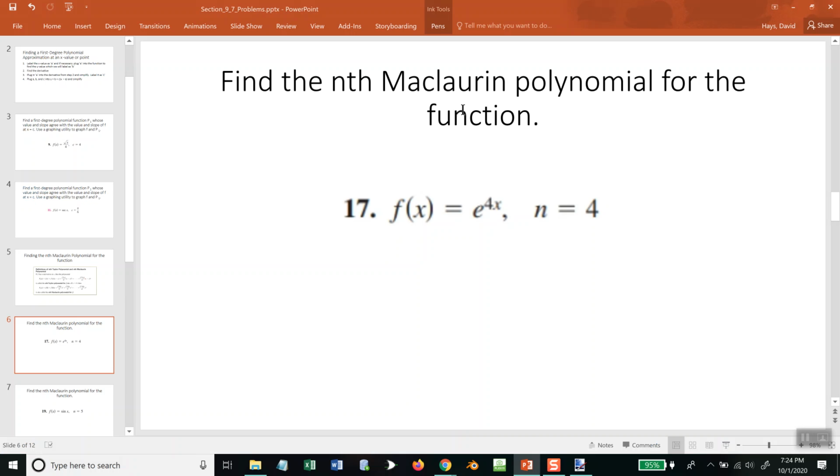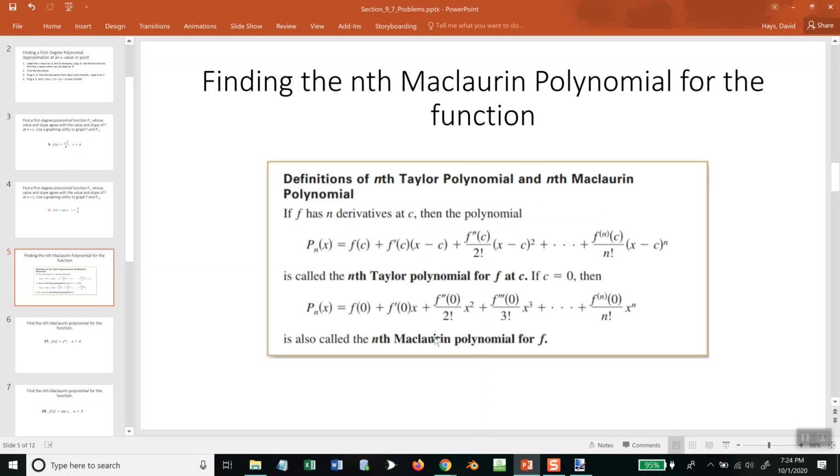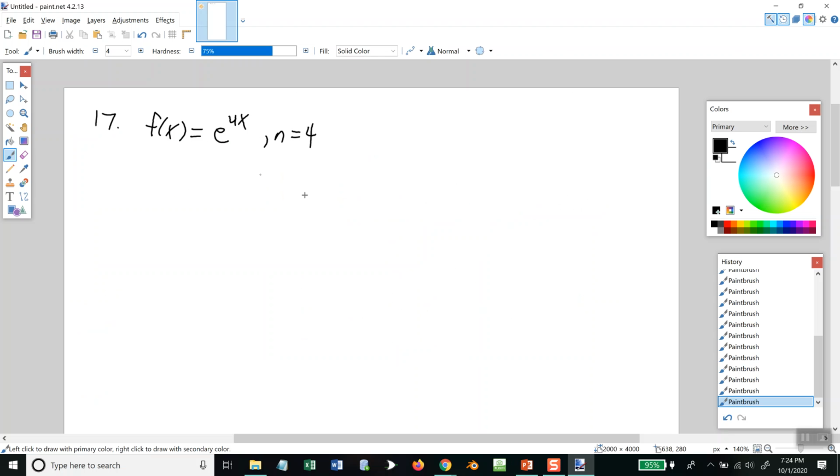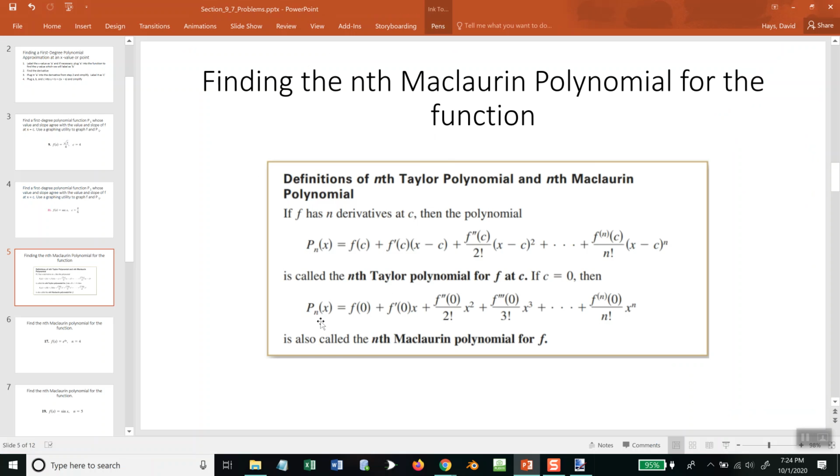So the instructions say find the nth Maclaurin polynomial for the function. The Maclaurin is easier. It's this second formula right here. Now, it's telling us that n is 4, so you can plug 4 in for the n here.